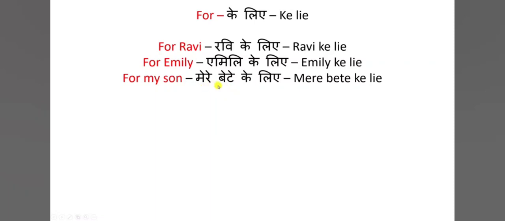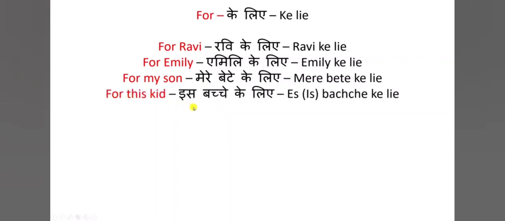Now all are in oblique forms, but here the normal and oblique are same. Here it is different. My is मेरे, son is बेटे.